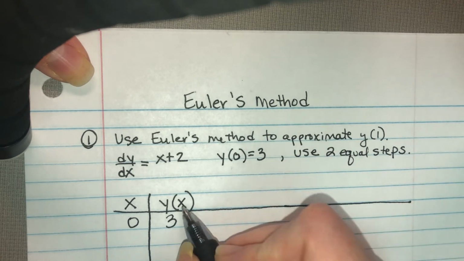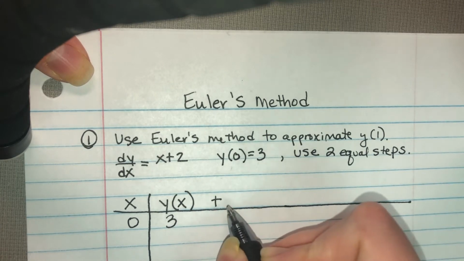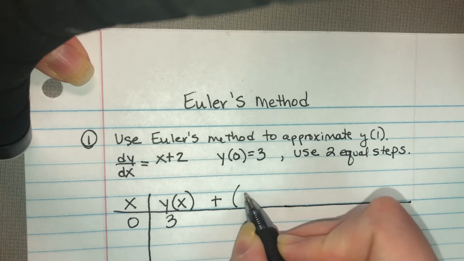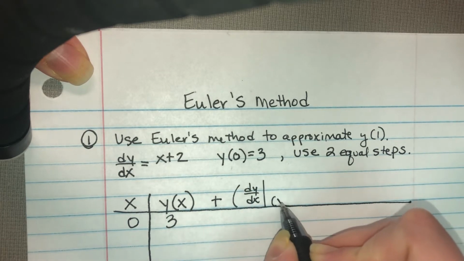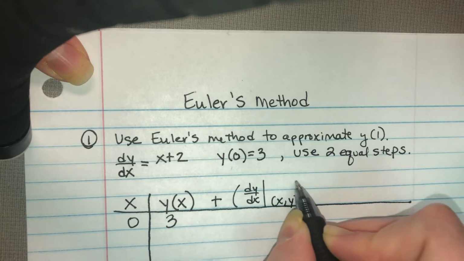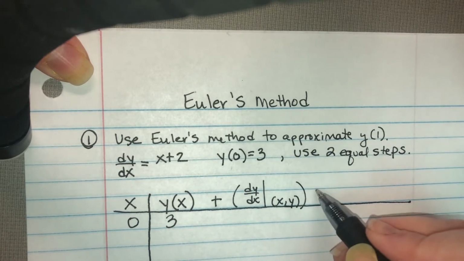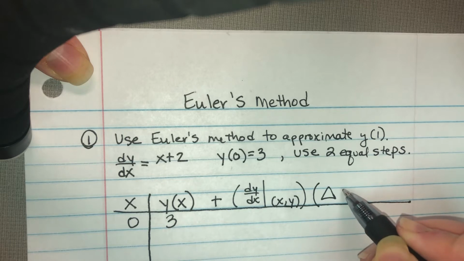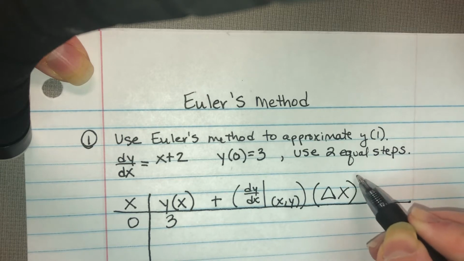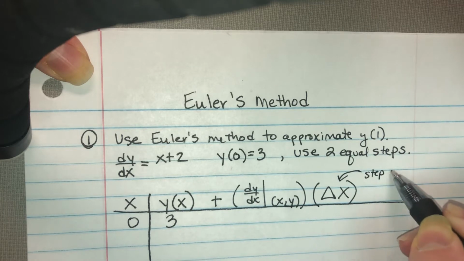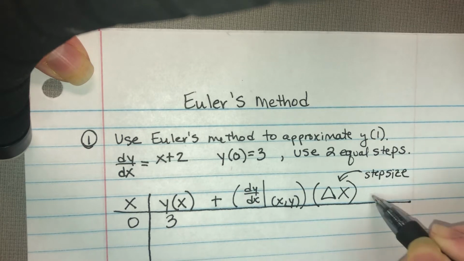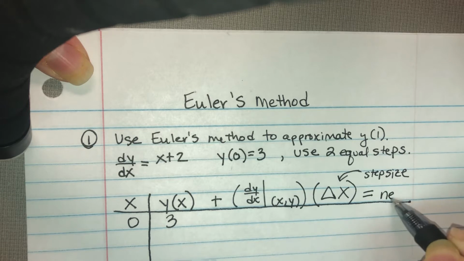But then to the y value, we're going to add the dy/dx such that we're on the point (x, y), and then we're going to multiply it times the delta x, which is the step size, and we do that to get us the new y value.